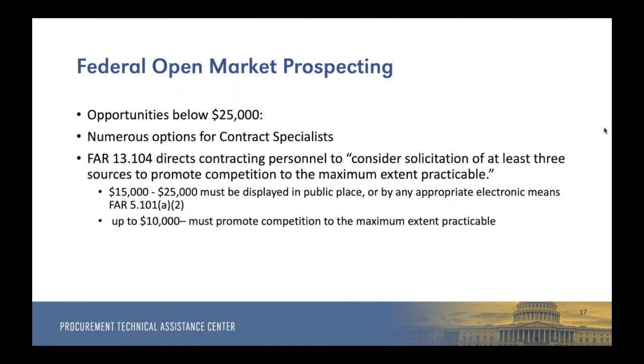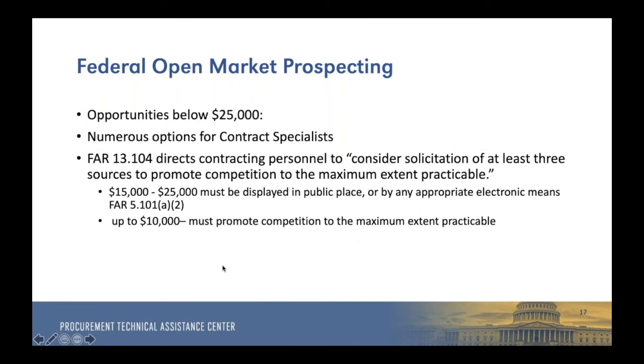Now, I must say that under $10,000, they're not mandated to do market research, meaning they don't have to have more than one bidder, or they just have to think that the price is reasonable. So it's at their own discretion, as I said. And I believe the next slide talks about that.